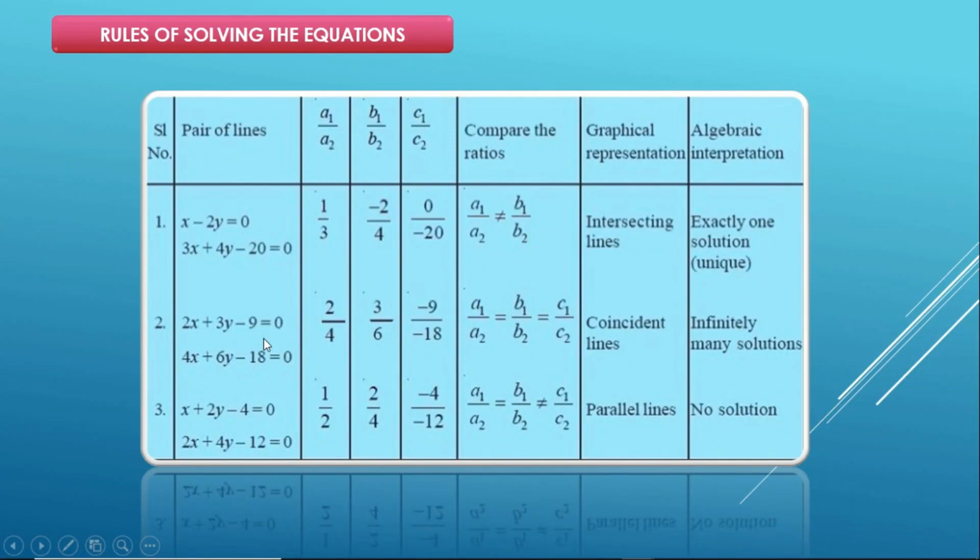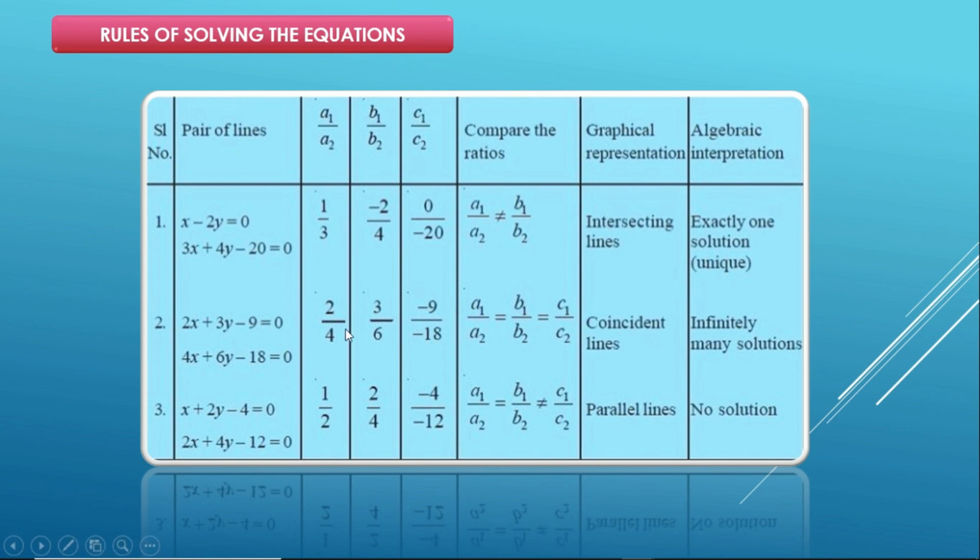In the second case, again two equations are given. Here a1 by a2 is 2 by 4, b1 by b2 is 3 by 6 and c1 by c2 is 9 by minus 18. When we divide, 2 ones are 2, 2 twos are 4 in a1 by a2, 3 ones are 3, 3 twos are 6 in b1 by b2, and 9 ones are 9, 9 twos are 18 in c1 by c2. The ratio will be the same, that is 1 by 2 is equal to 1 by 2 is equal to 1 by 2.